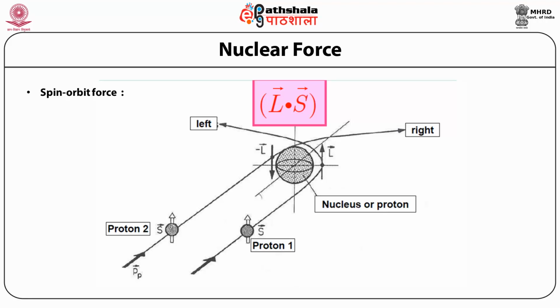When they come close to the nucleus within the nuclear domain, they start feeling the nuclear force, and as a result of nuclear force, we can see that one of the protons is scattered in the left direction, another one is scattered in the right direction. So it means the spin dependent nature of the nuclear force includes the L dot S term.